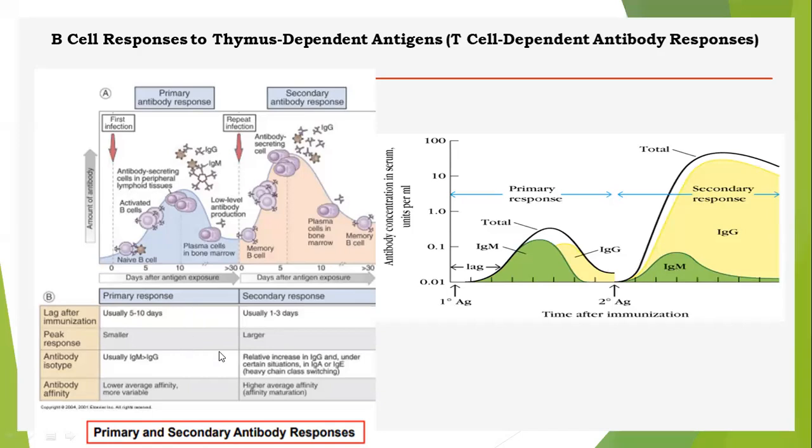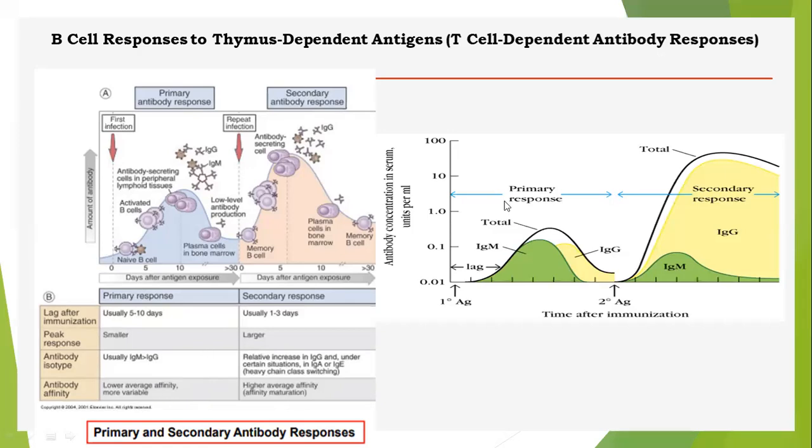We have a composition of more IgM than IgG in the primary response, while in the secondary response we have a composition more inclined to an IgG, IgE, IgA architecture, depending on the signaling mechanism that has been initiated. And also we have a higher affinity in the secondary responses than in the primary responses. Very, very important to remember.